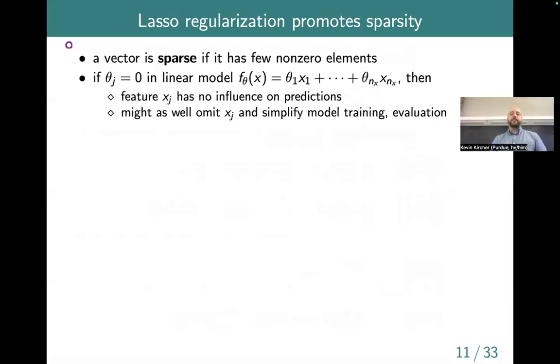An important idea of regularization: why would we choose L2 or ridge regularization versus L1 or lasso regularization? One answer is that lasso regularization promotes sparsity. A vector is sparse if it has mostly 0 components.